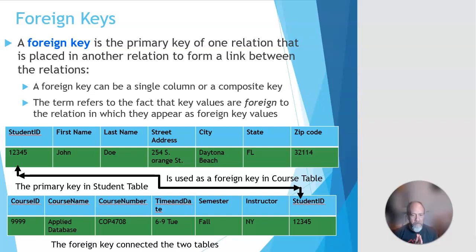Now, referential integrity says, if I put the student into a course enrollment and then delete the student, I have violated my referential integrity because I now have a course enrollment with a student that doesn't exist. That's bad. You can't have a course enrollment with a student that doesn't exist.